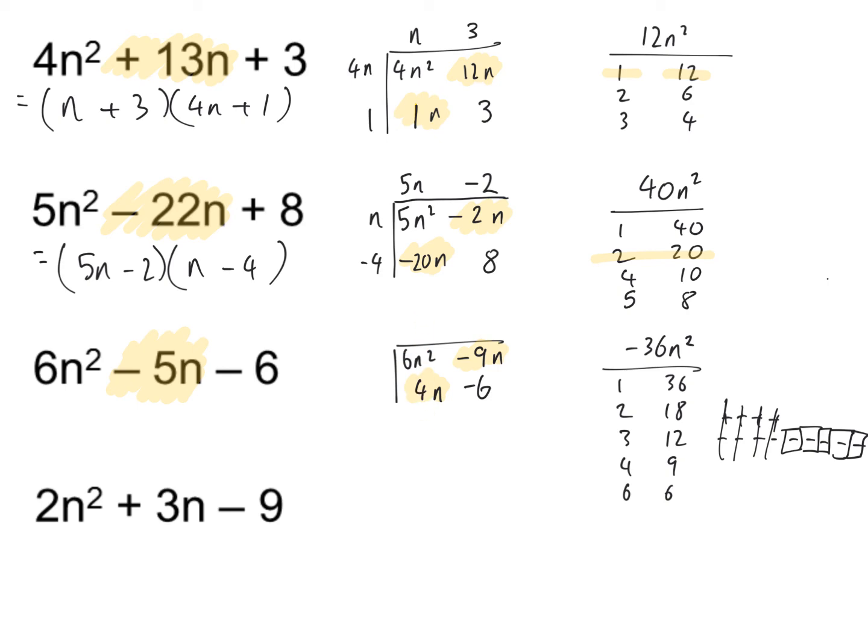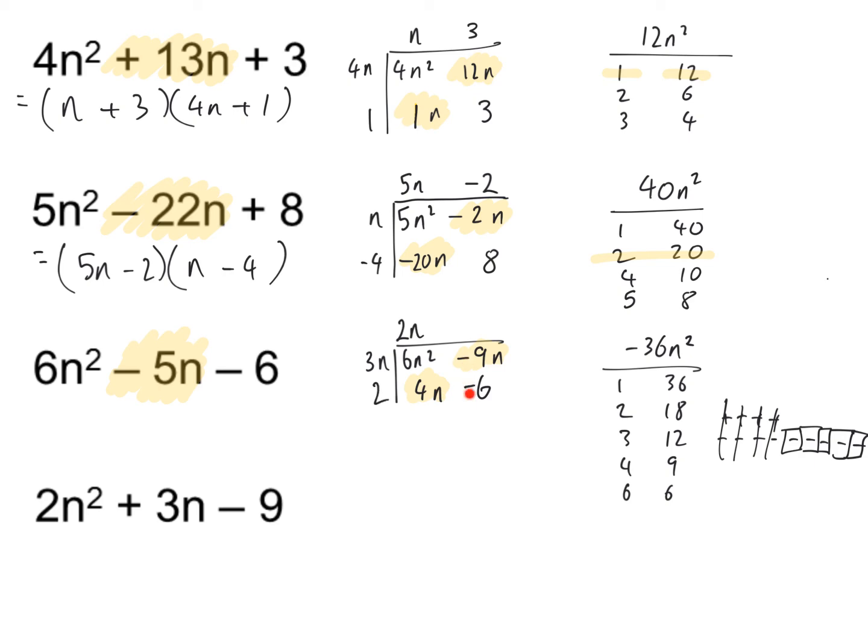6 and 4. There is a common factor of 2 when I consider the numbers, and n when I consider the letters. 2 times 3 will give me that 6. N times n gives me the n squared. I need 2 lots of 2n to give me that 4n.